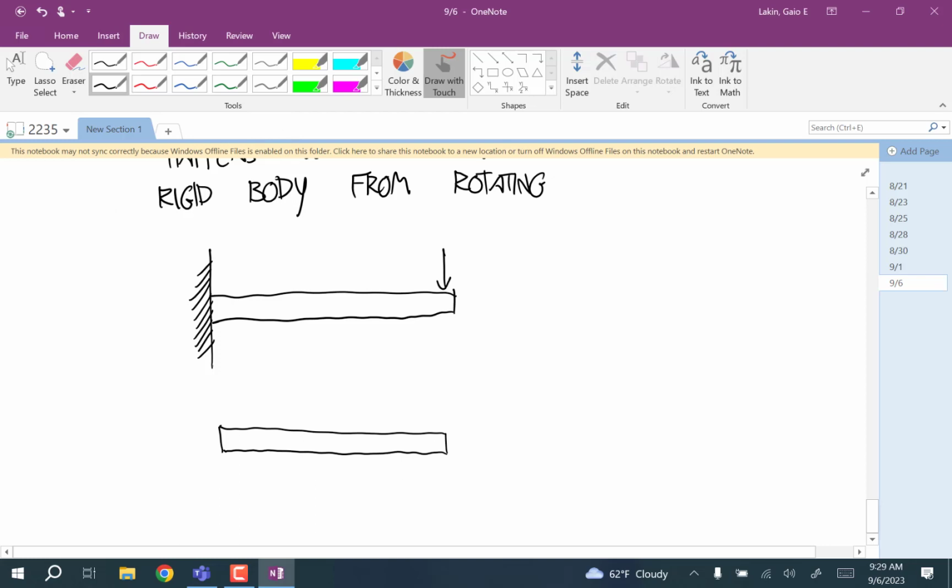That force going down is trying to rotate that rigid body clockwise, right? So how does the wall prevent that from rotating clockwise? It has to provide a counterclockwise couple, and that counterclockwise couple is like this.